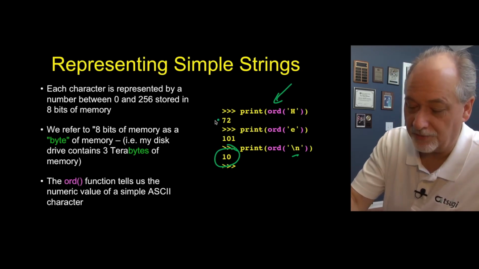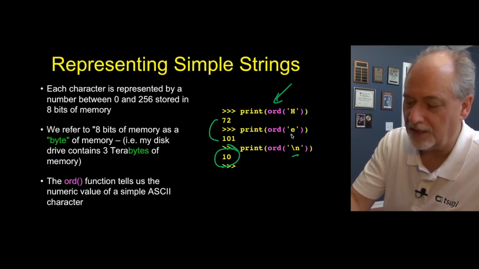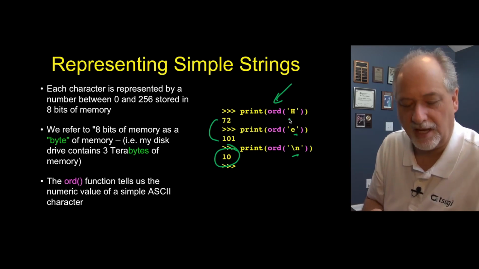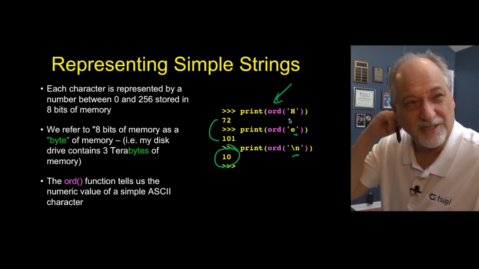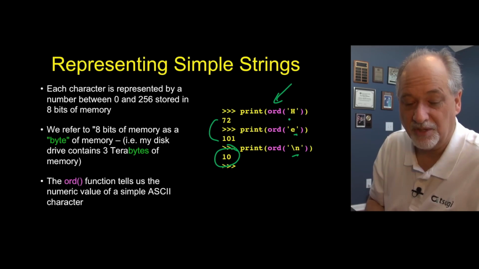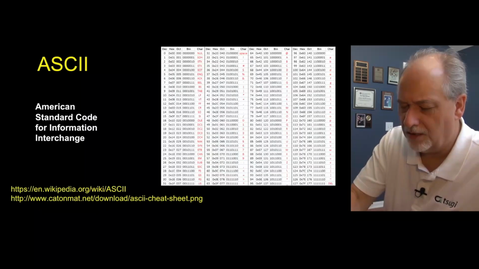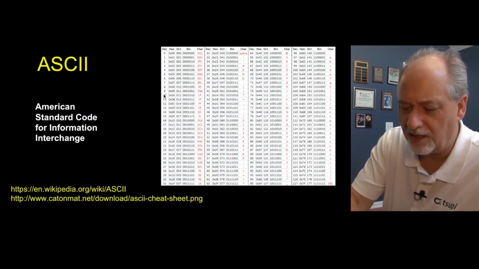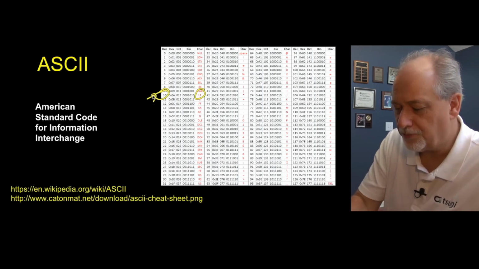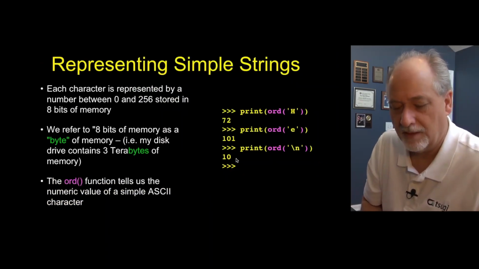And this actually has to do with sorting, so that lowercase e is higher than uppercase H. And that's just because in the simplest of sorts, we just sort them numerically. So newline, if you go back to the previous little sheet, is this 10 right here. It's that 10, which is a line feed. And that's why when we print newline out, we get a 10.